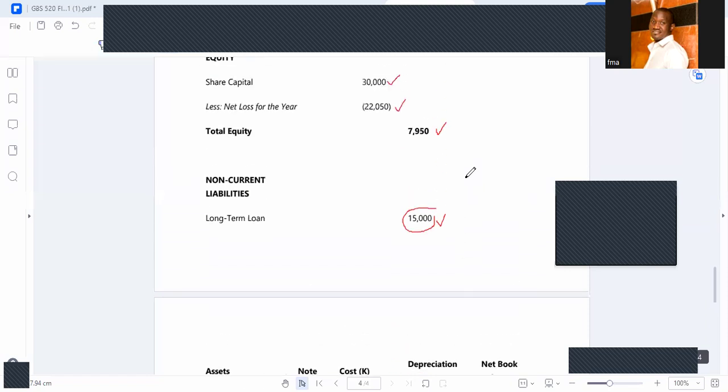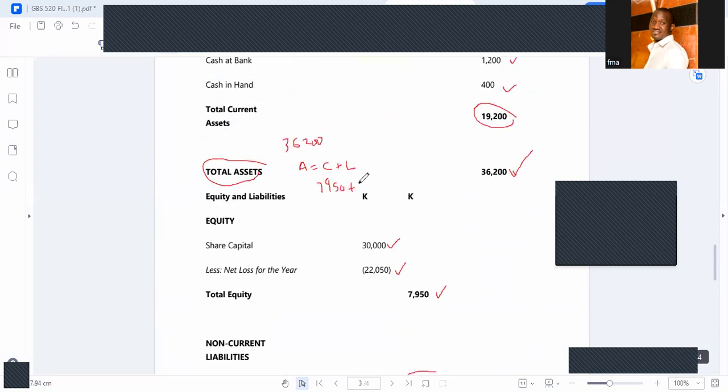All right. Our liabilities. Okay. 28,250. So when we add 28,250 plus our capital, we're going to get 36,200. So meaning it has balanced.